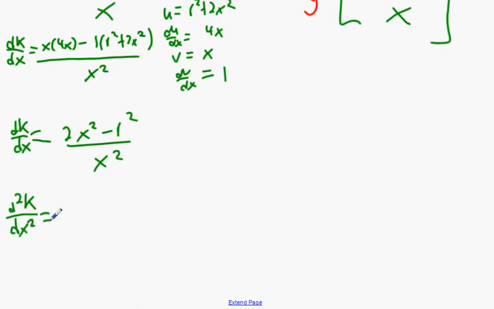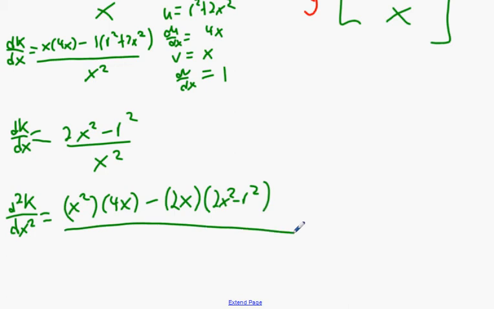And then what we're going to get this time: v times du dx, which is differentiating the top one, minus u times dv dx. The dv dx is 2x, and that there is u. All over v squared, the bottom one to be squared is x to the power 2. Second derivative, therefore, is 4x cubed minus 4x cubed.